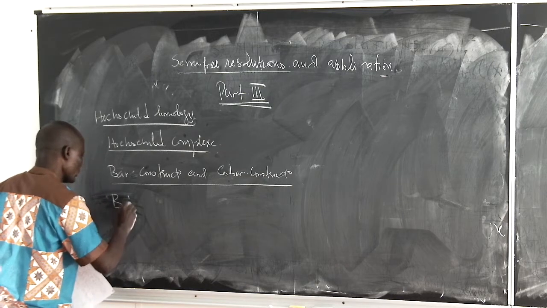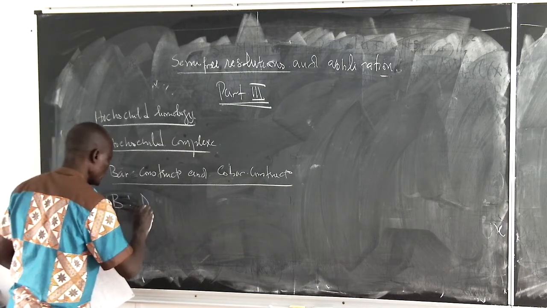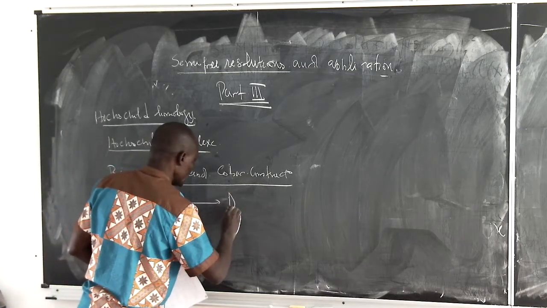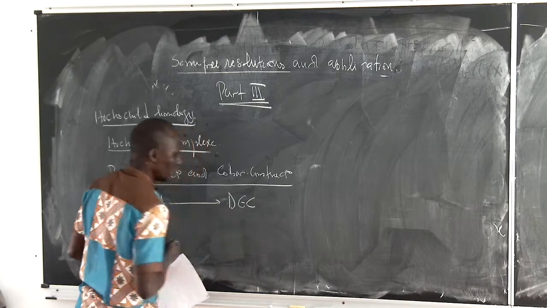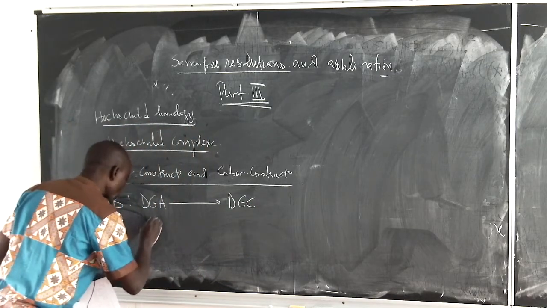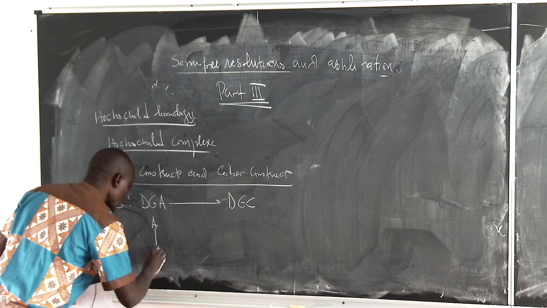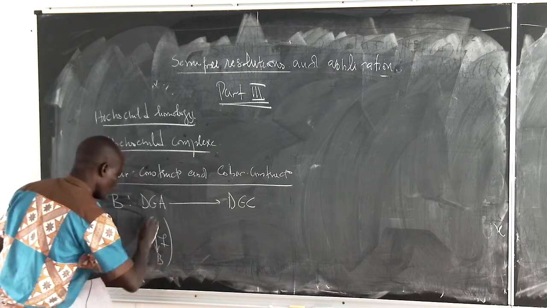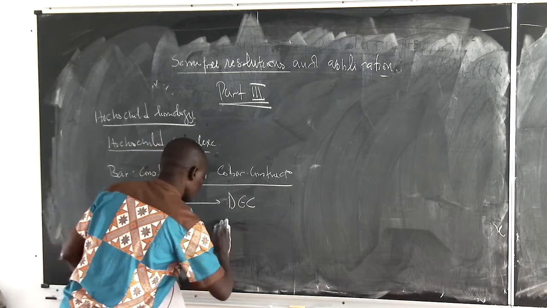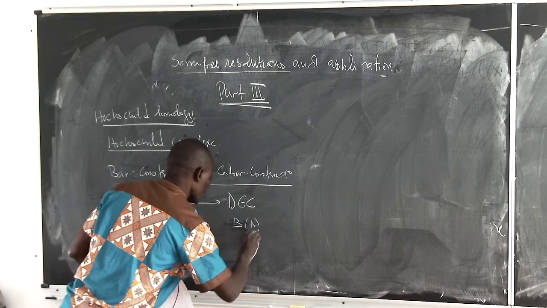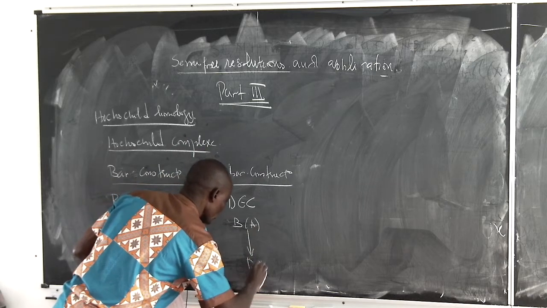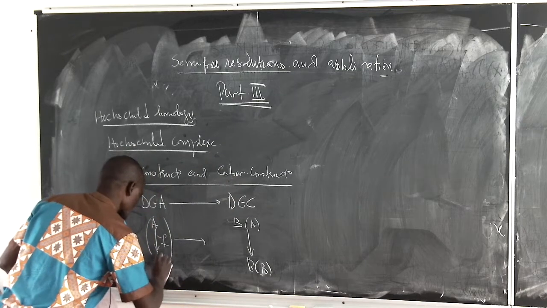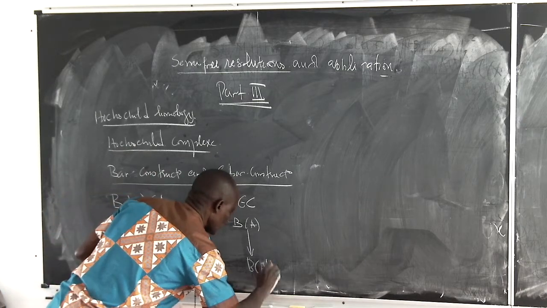The bar construction is a functor from the differential graded algebra category to the differential graded coalgebra category, which assigns to any arrow here the arrow in the category of, let me take A prime, in the category of coalgebra.